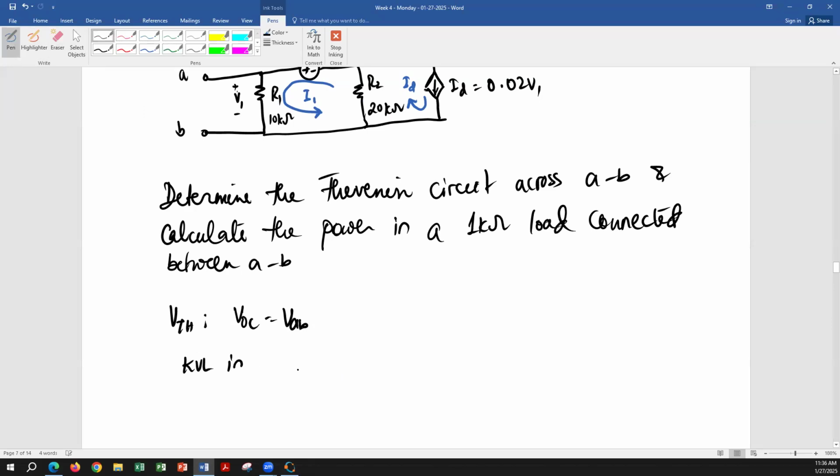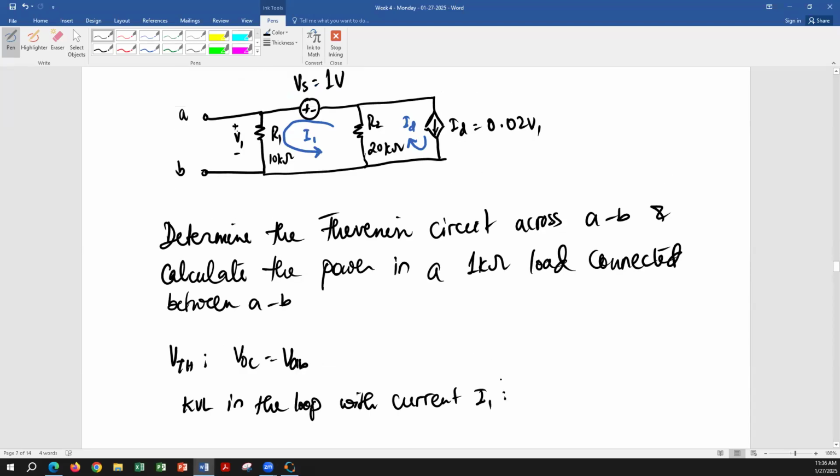KVL in the loop with current I1. Okay, so tell me what will be the KVL equation for this loop.